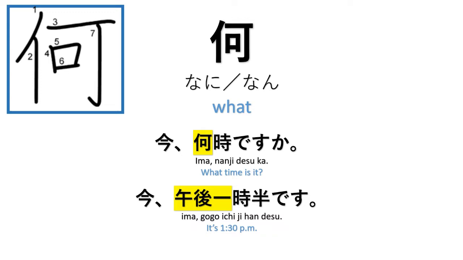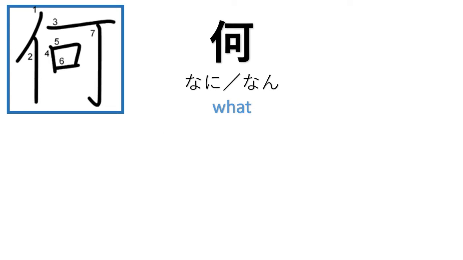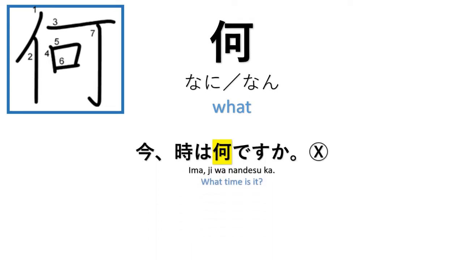This is the equation, so to speak. Gogo 1時半です. It's 1:30 p.m. We can also use ima jiwa nan desu ka? But this is not used at all. So we do not need to be fancy when creating Japanese sentences. We follow the rule.